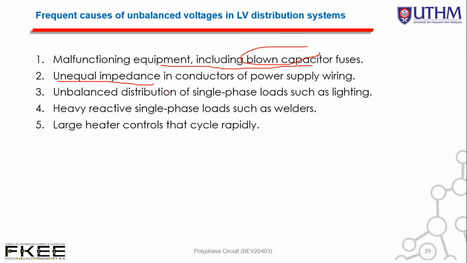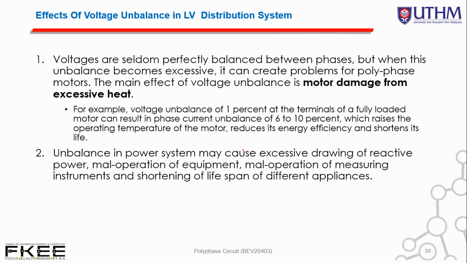Next, unbalanced distribution of single phase loads such as lighting. And then one of the common heavy reactive single phase loads such as welders, and large heater controls that cycle rapidly.